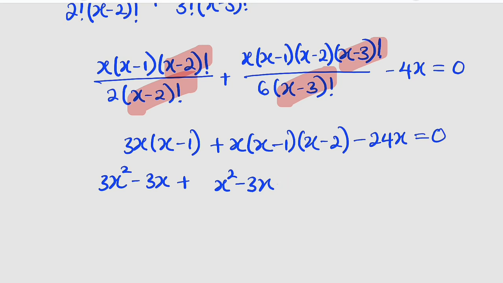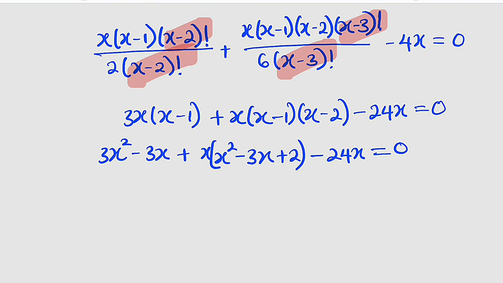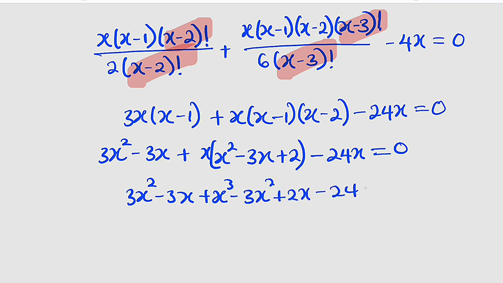Minus 1 times minus 2 is plus 2, but don't forget we still have another x outside. I wanted to do that directly, so everything here equals 0. If you expand this, x times x squared will give us x to the power of 3, minus 3x squared, then plus 2x, minus 24x equal to 0.